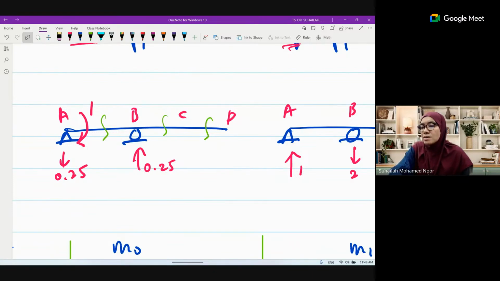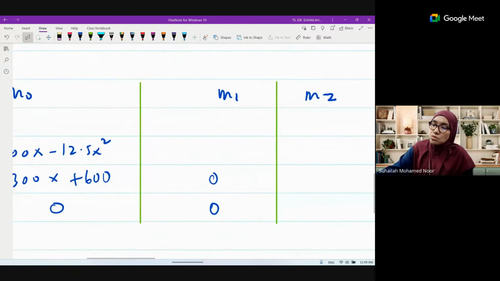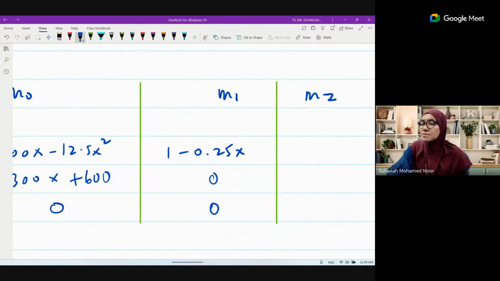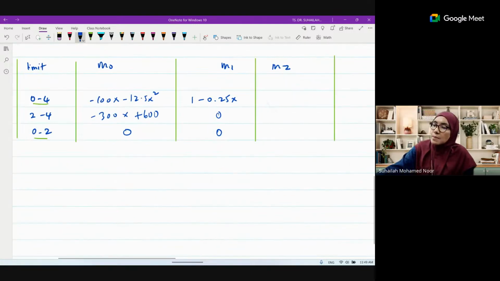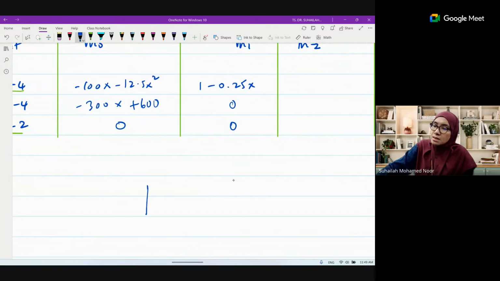Okay, it is 1 minus 0.25x. Is it right? If you can't see it, you have to draw it. So this is M1.